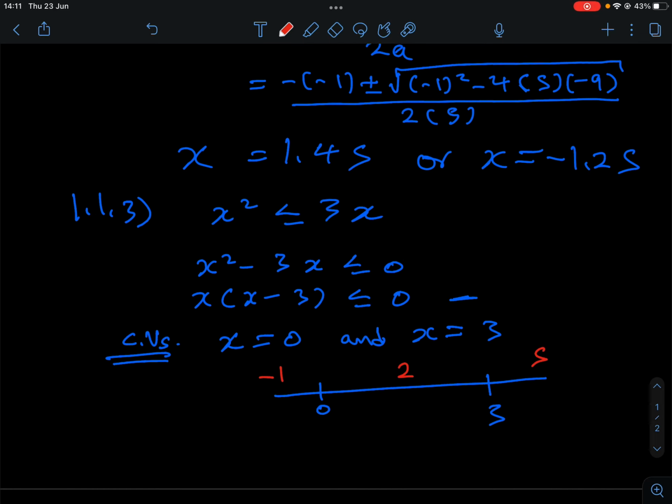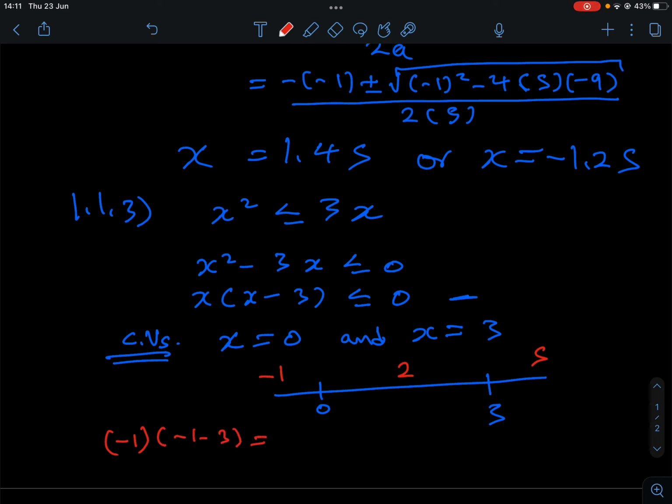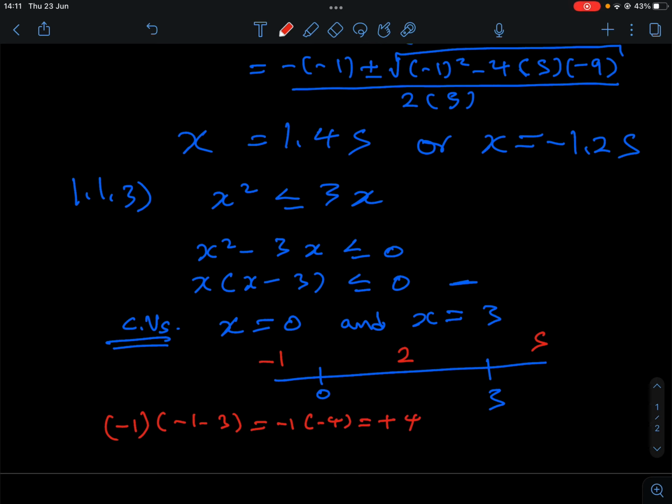So let's see what happens when we substitute numbers less than 0. So -1 times -1 minus 3, that gives us a -1 times a -4, which is a positive answer. So we get a positive answer here. And then let's see when we substitute 2, that's 2 times 2 minus 3, we get 2 times -1, that's -2, so that's a negative answer.